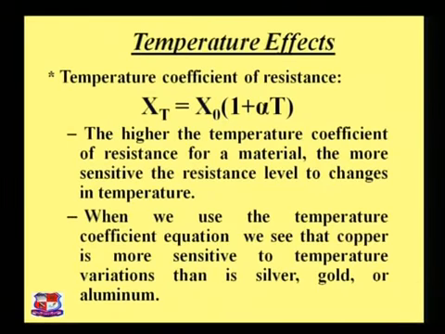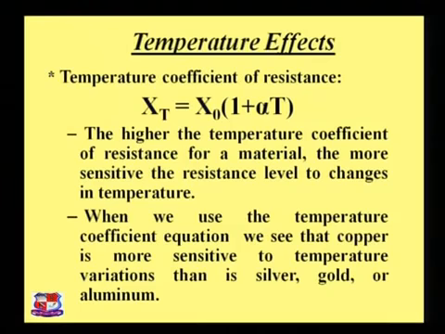The temperature coefficient of resistance directly gives us the equation Xt equals X0 into 1 plus alpha t. This is the most important equation, which directly gives the temperature effect. We can see that the higher the temperature coefficient of resistance for a material, the more sensitive the resistance level. If the material depends very strongly on the temperature, it is very sensitive.